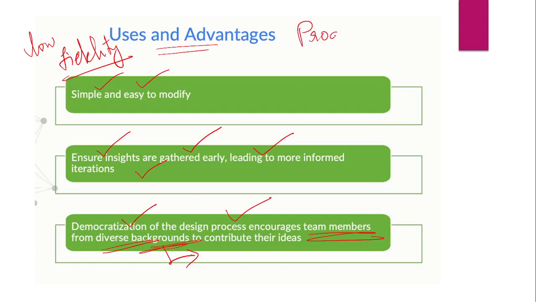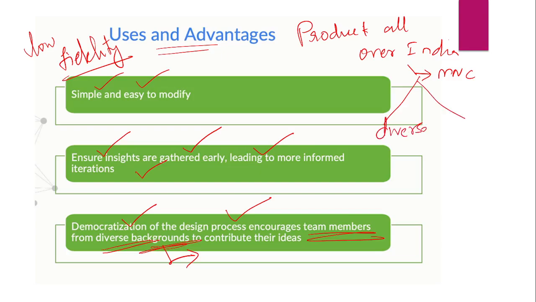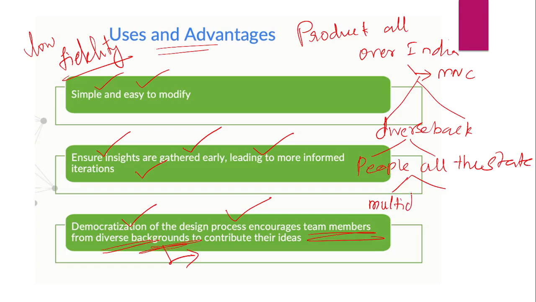all over India. If you see the MNC companies, they have people of diverse backgrounds, meaning people from all the states. If any ideation panel is there, there should be multi-diverse people to validate the ideas.